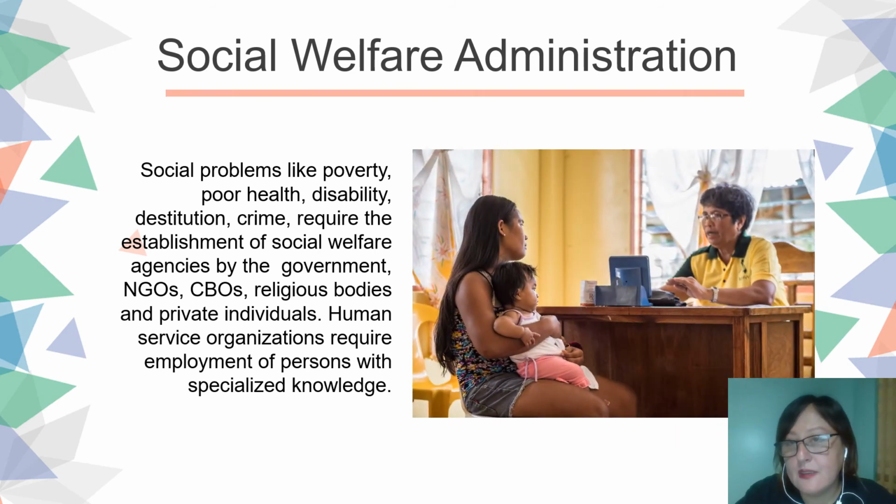And this can be by the government, for example, the Department of Social Welfare and Development, and also by NGOs, non-government organizations like Plan International, Habitat for Humanity. These are organizations that are nonprofit and are collectively working for a common goal.